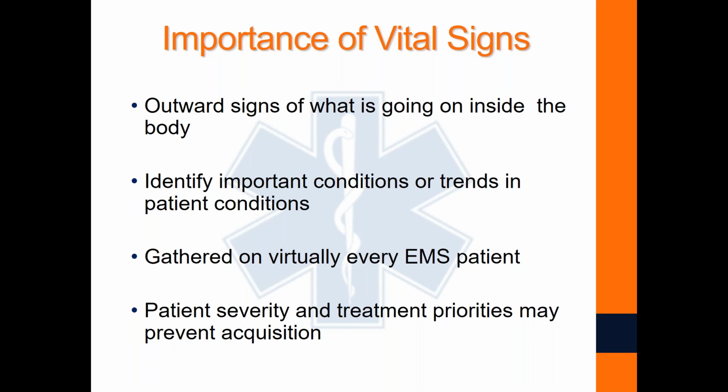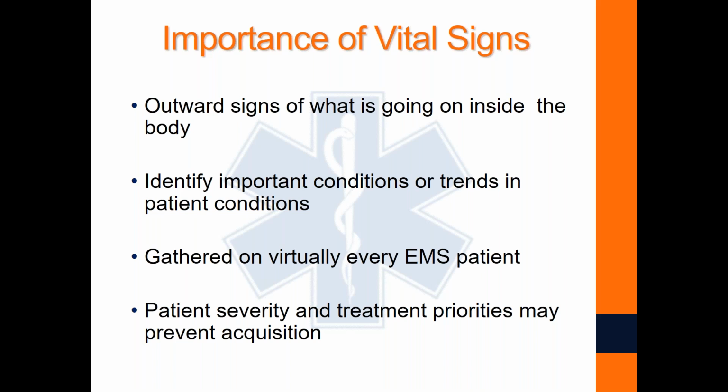So like I said, vital signs are outward signs of what is going on inside of our patient right that very minute. Our blood pressure is going to tell us how well our patient is supplying blood to the periphery of their body, how well their vascular tone is maintaining itself. It gives us a whole wealth of information when we step back and look at it.